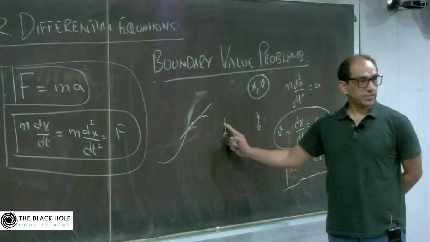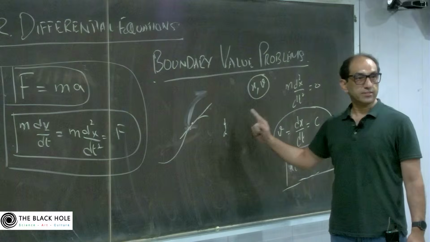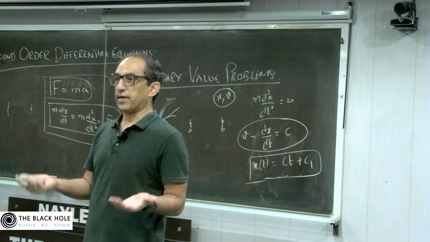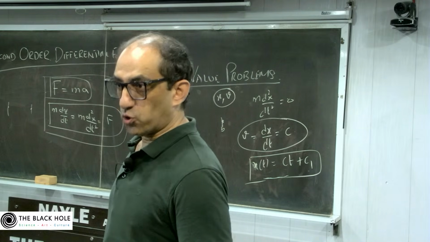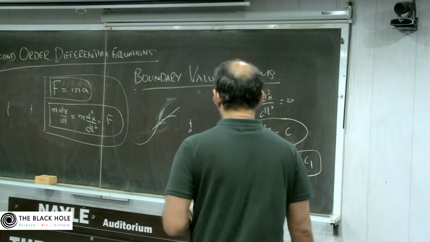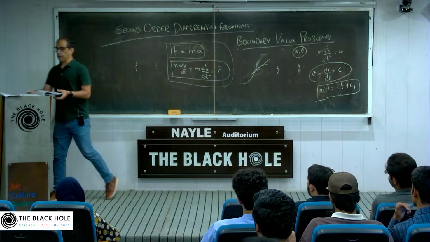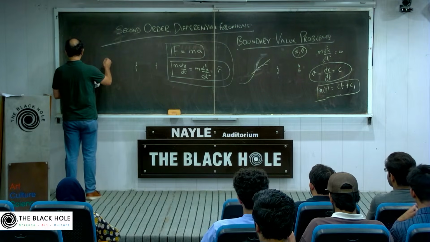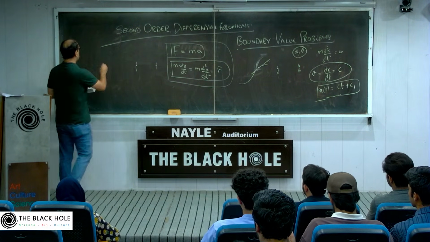Excellent. So either I can say y of A is this, y of B is this, or I can say y of A is this, y dash of B is this, or y dash of A and y dash of B, and so I need two conditions to find out the two constants. Okay? So now I will just write down the general condition for the boundary condition problems, which will take into account all these possibilities.